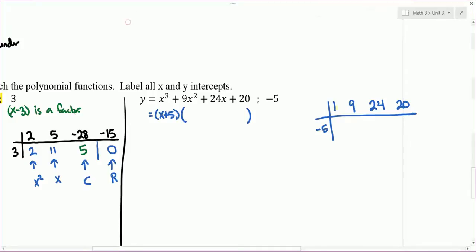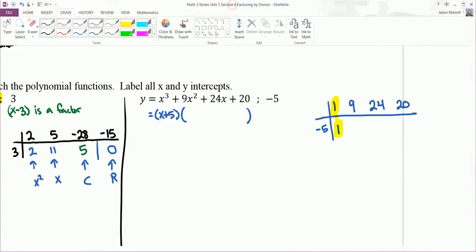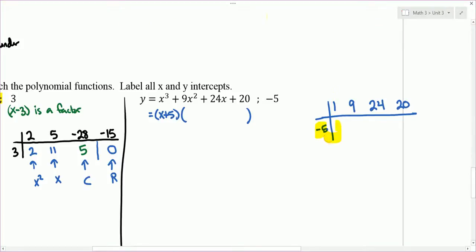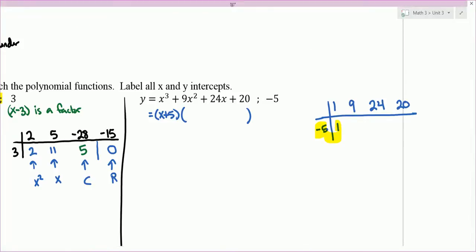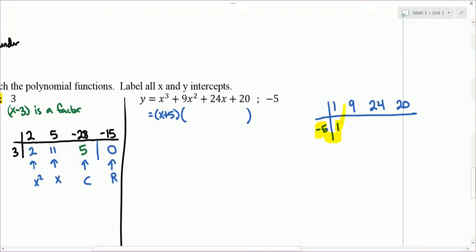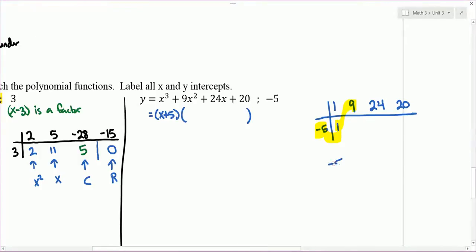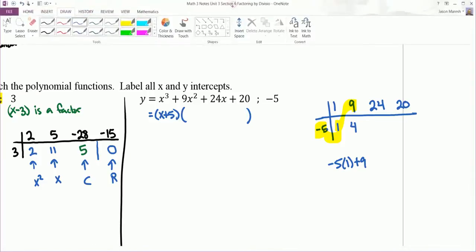Our first step is to take that 1, drop it down. Then we're going to multiply negative 5 times that 1 that disappeared, and then add it with the 9. So negative 5 times 1 plus 9 is 4. And you write that right below the 9.